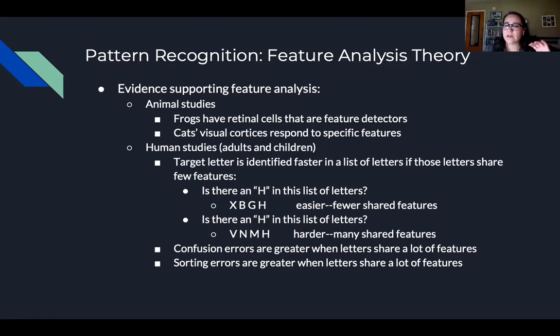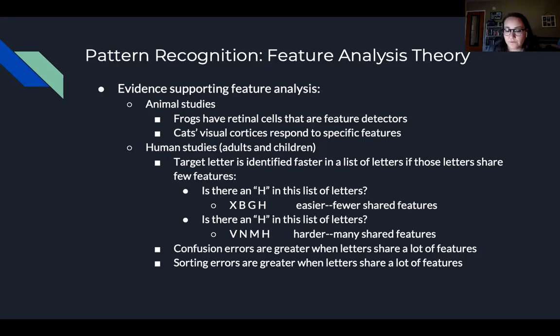Like we talked about, some of these cells respond to edges in a certain orientation or angle. Others will respond to movement of edges in a particular way. Still others will respond to edges that are moving in one particular direction. And so it's assumed that the human visual cortex is organized in the same way in terms of looking for features.